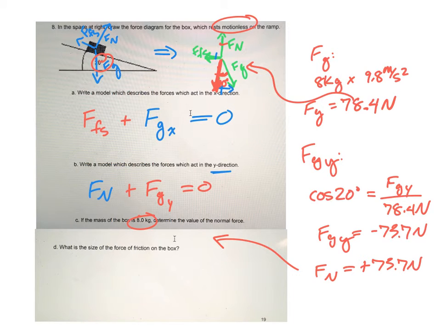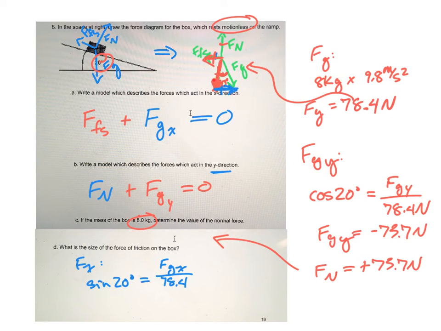All right, we will use a similar problem-solving process to solve for the force of friction. So in our case, instead of using the cosine, the force of friction is equal to the x component of gravity. So for the x component of gravity, we need the sine of 20 degrees, which is equal to the ratio of the force of gravity in the x component divided by the force of gravity.